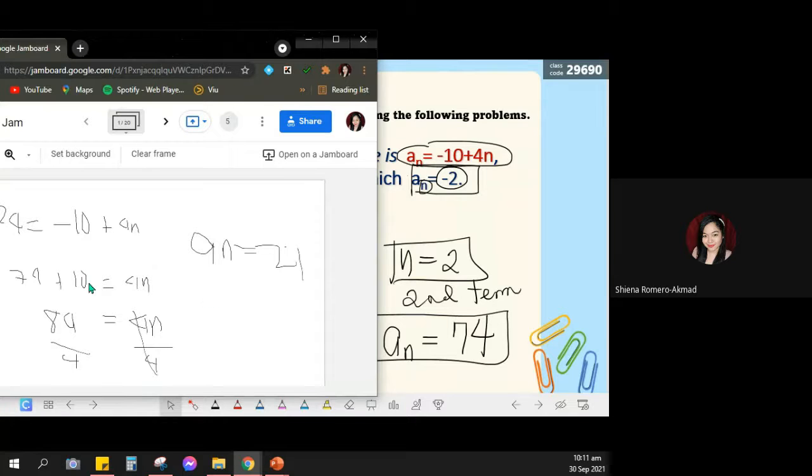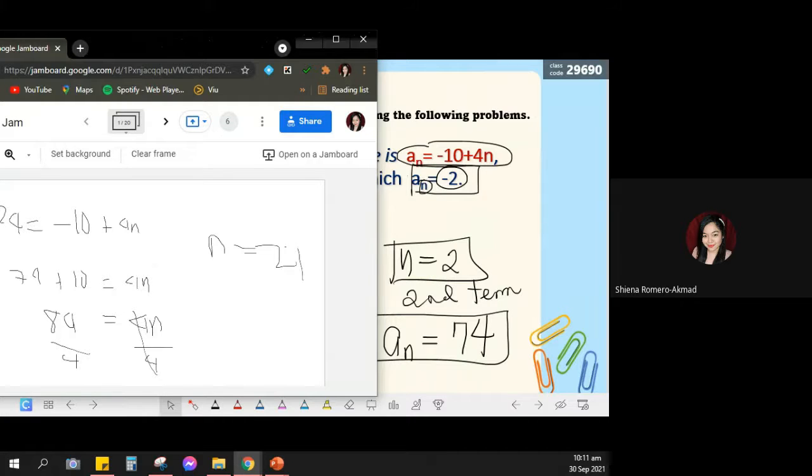Kasi a sub n mo, 74 na eh. Ano bang hinahanap natin dito? Diba yung n lang? So is it a sub n or n lang? n equals 21. Yan din yung sagot ng classmate nyo. n is equal to 21. Ibig sabihin, siya ay 21st term, pang 21st.